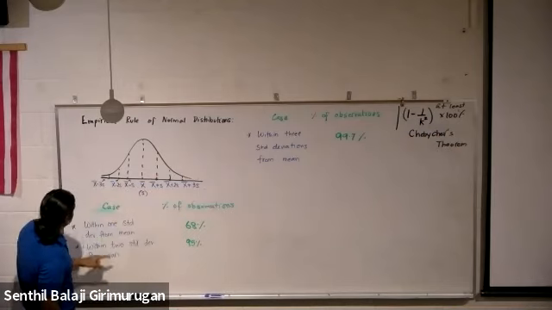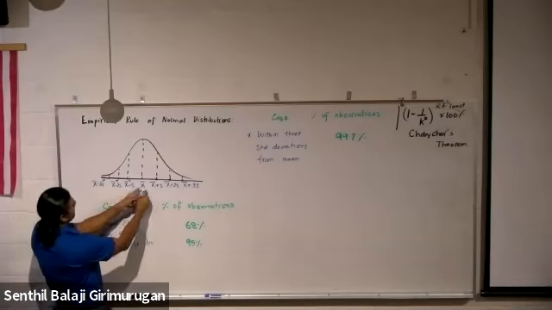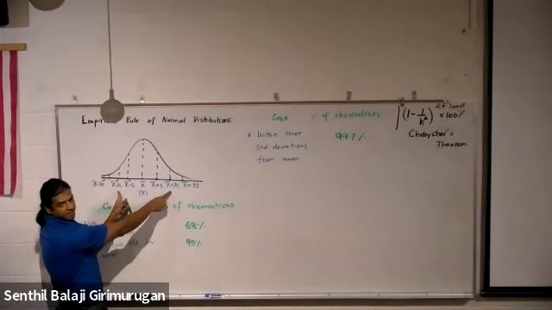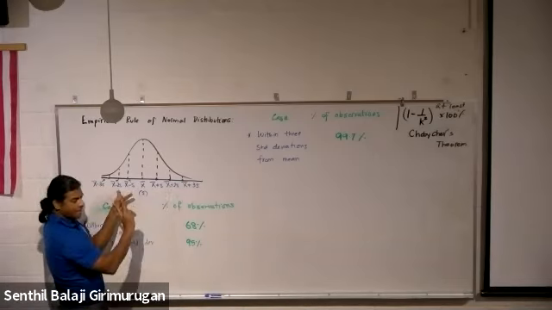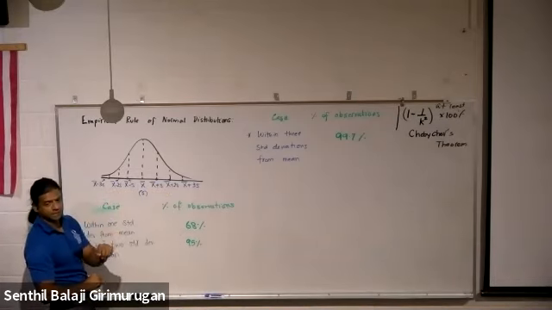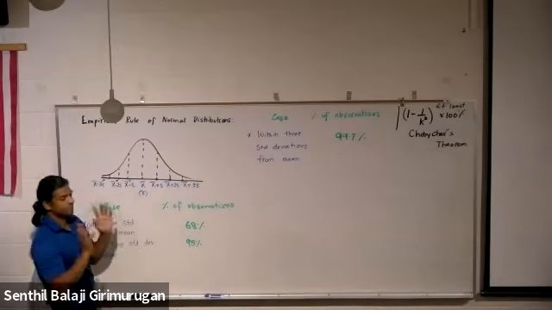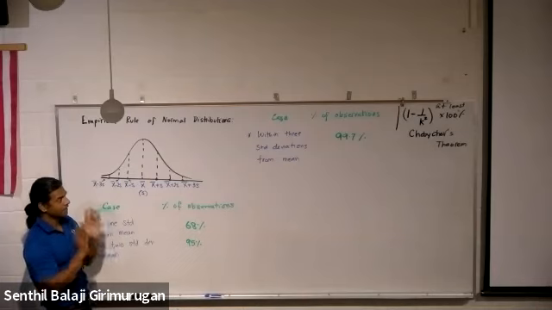Now, this is what I want you to do. From here, I move 2 standard deviations. So k would be equal to 2. Plug k equals 2 into that formula and tell me what percent you get.